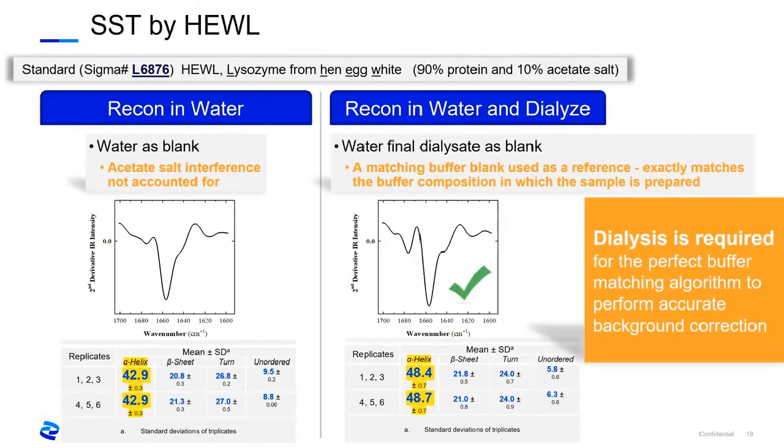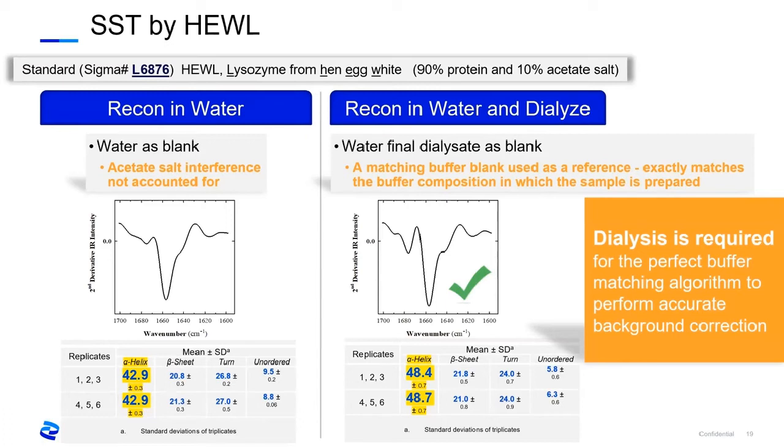So we started this effort by working with the vendor, using their recommended commercial protein standard HEWL, the lysozyme from hen egg white. We found that directly dissolving the lyophilized cake of HEWL in water gave what's shown on the left, the resulting spectrum and HOS composition table.